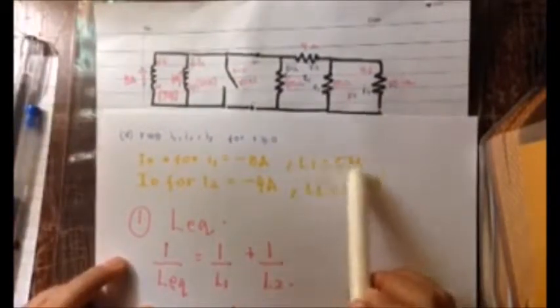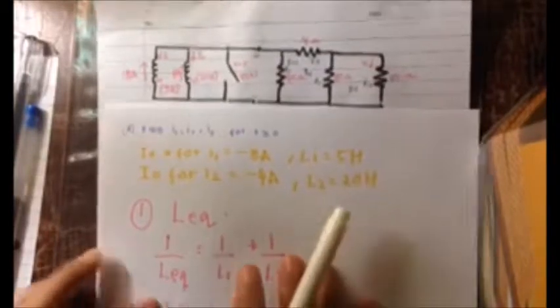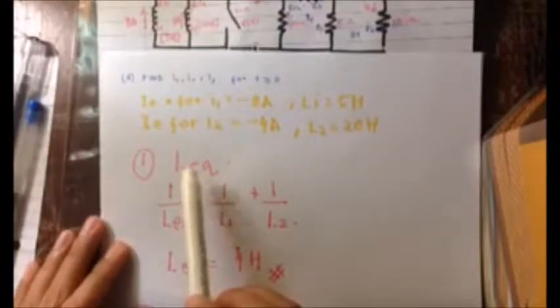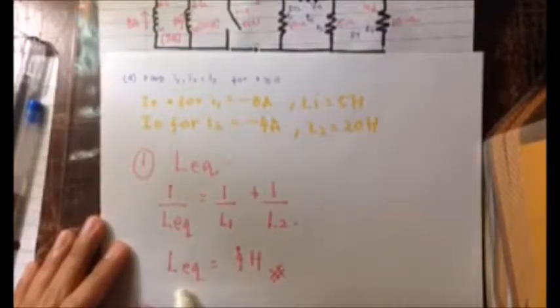L1 is 5 Henry and L2 is 20 Henry. First, we need to find the equivalent of these inductors. After the calculation, we get L equivalent equal to 4 Henry.